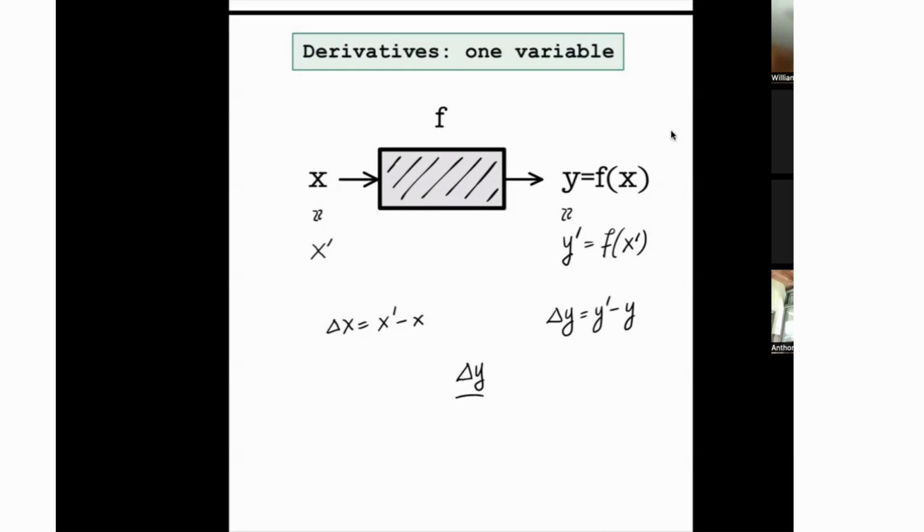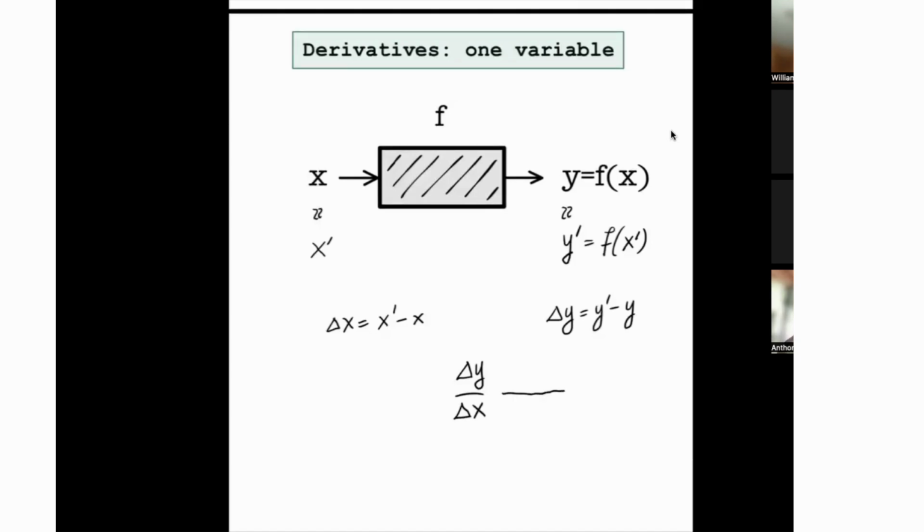Then we look at the ratio of these. This ratio tells us something about how quickly or slowly y changes relative to small changes in x. And if we look at this for values really close to x, in the limit as x prime gets closer and closer to our original value x, the limit is the derivative, dy dx, in Leibniz notation, and in Newton's notation, f prime of x.